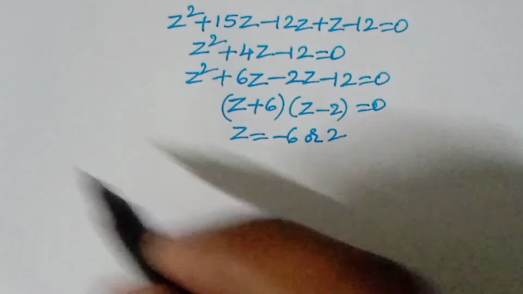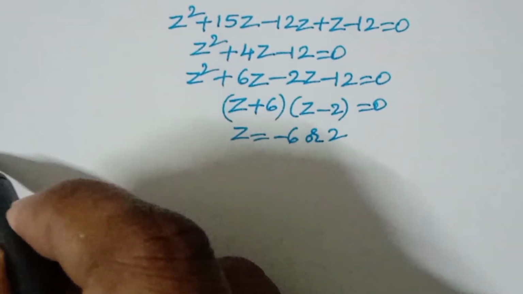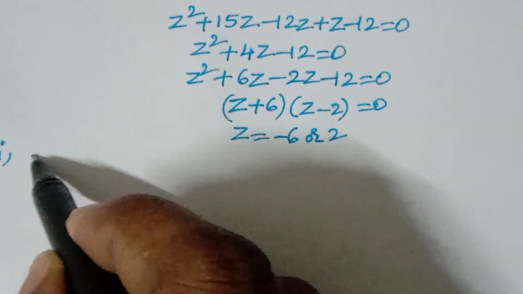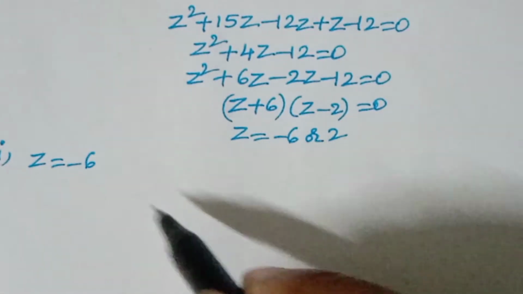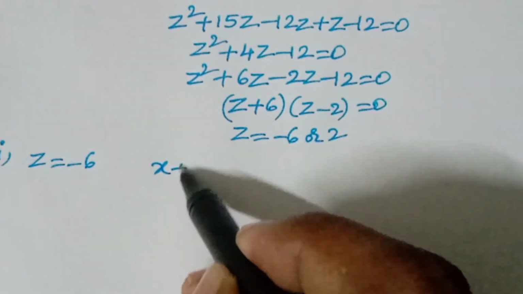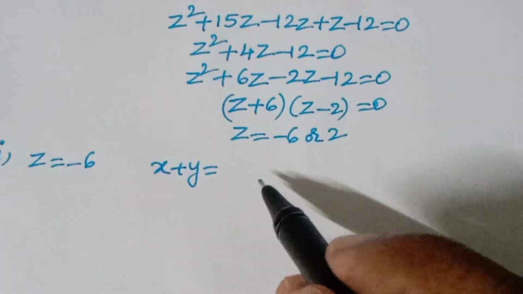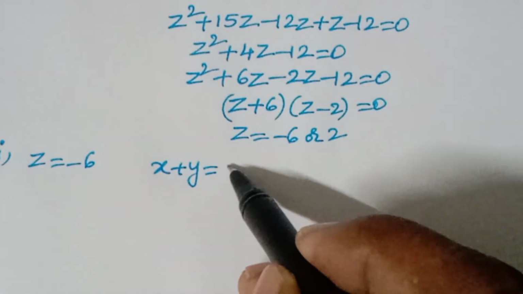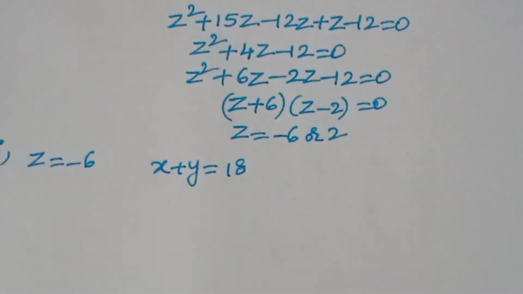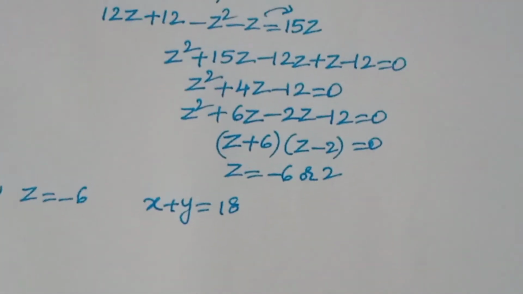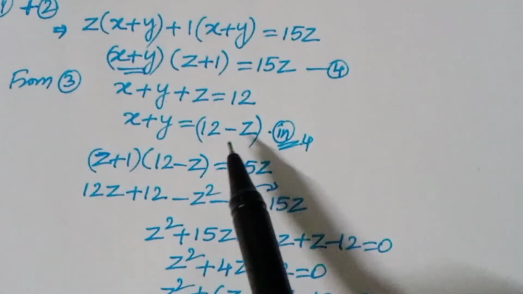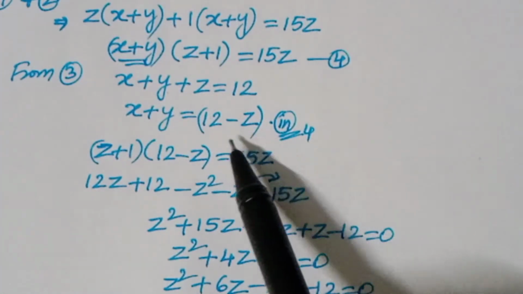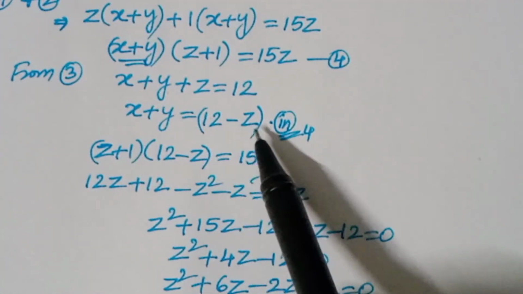Now you got the values of z. Now we will take the first case. If z value is minus 6, then from 3, x plus y value is 18, because x plus y is 12 minus z, which is 12 plus 6, 18.